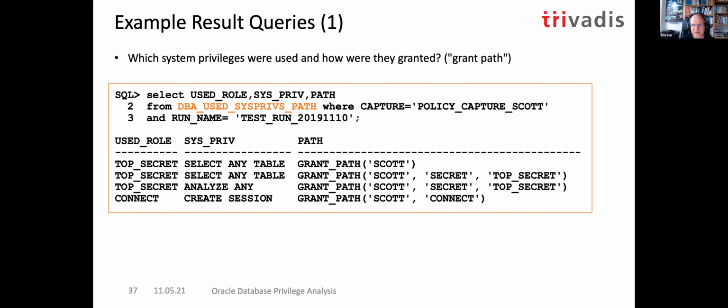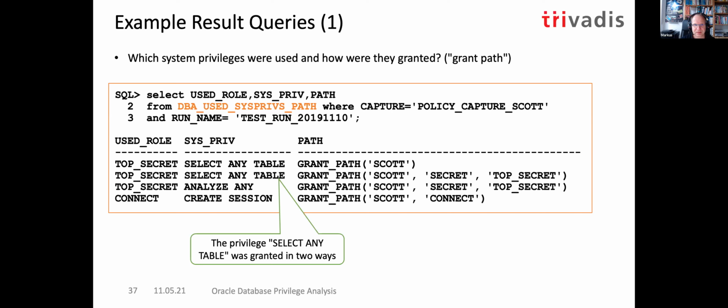So SELECT ANY TABLE was granted to TOP_SECRET, TOP_SECRET was granted to SECRET, and the role SECRET was granted to the user Scott. You have to read the path from right to left. Same with the CONNECT role, which nowadays contains the CREATE SESSION privilege only. It was granted to the user Scott. That's what I already told you.